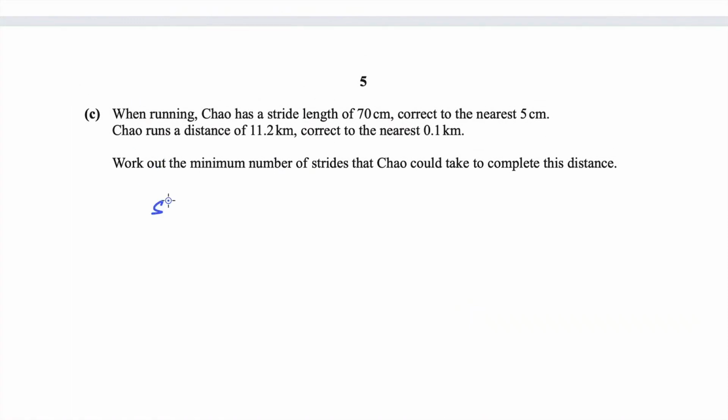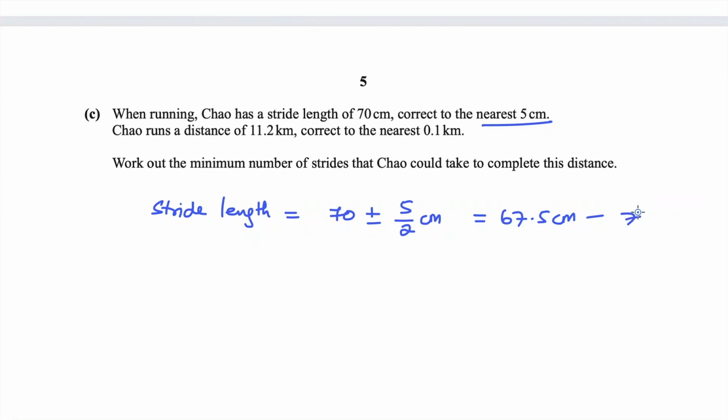So, stride length, to the nearest 5 centimeters, is 70 plus or minus 5 by 2 centimeters. So this is 67.5 centimeters to 72.5 centimeters. And why am I doing 5 by 2? Because the boundary is 5 centimeters. You will add half of it and subtract half of it to get the bounds.